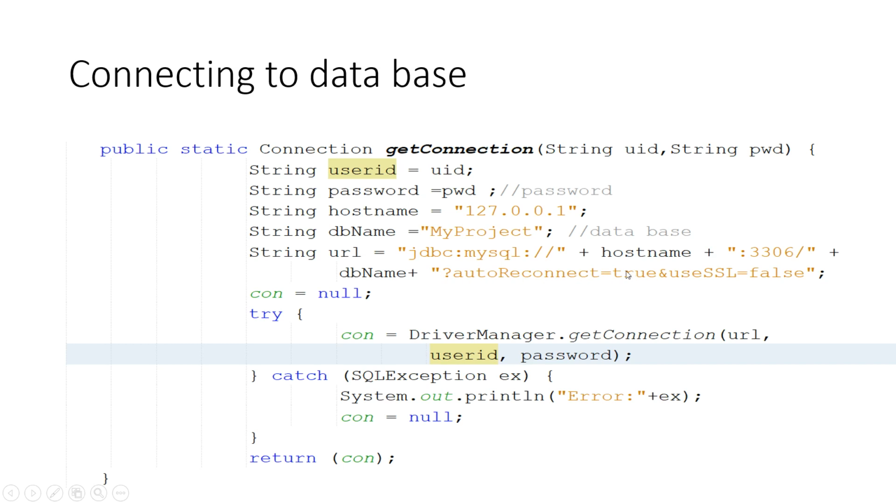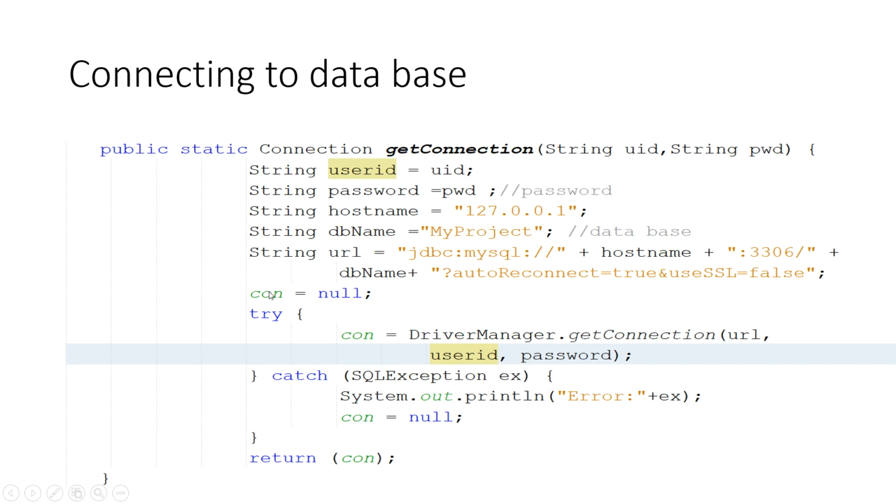The purpose of this tag is to allow MySQL to check again and reconnect if it is unable to connect. Then the SSL certificate does not need to be verified, so you can set it to false. If everything is proper, you are going to return a connection object, which is a virtual database with which you are going to perform all the operations.